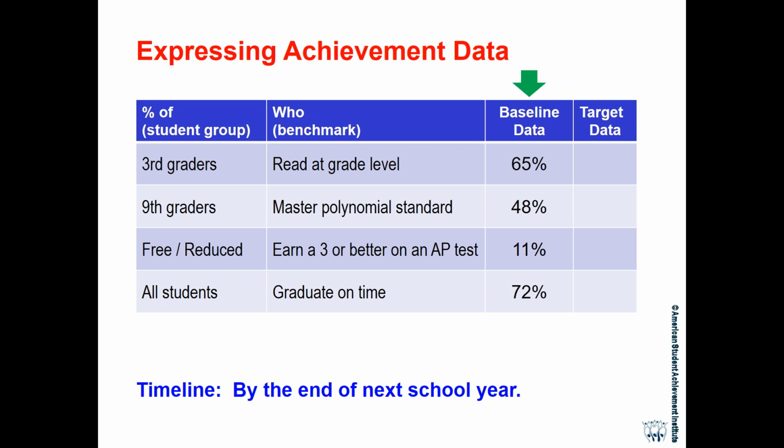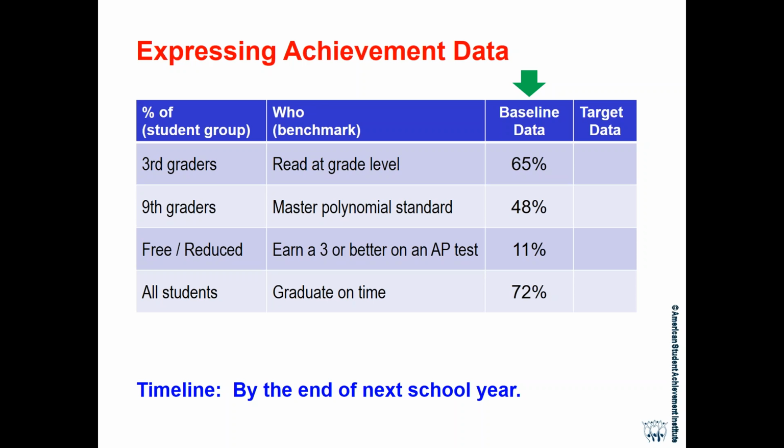So we would express achievement data this way. The percentage of third graders who read at grade level: our baseline data is 65%, and then our target data may be 66% or 80%, we'll determine that later. Another example: the percentage of free and reduced lunch students who earn a 3 or better on an AP test, our baseline data is 11%.